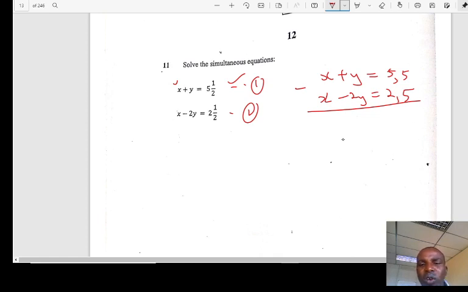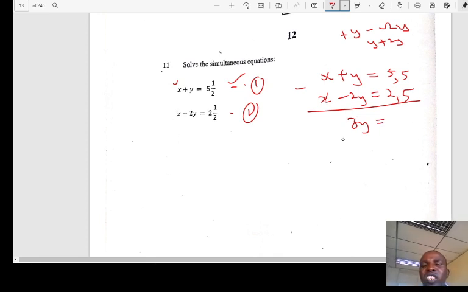Then y minus minus 2y will be y plus 2y, which is equal to 3y in this case, is equal to 5.5 minus 2.5. 5.5 minus 2.5 is actually 3. Then you divide by 3 to find your y. You get y is equal to 1.